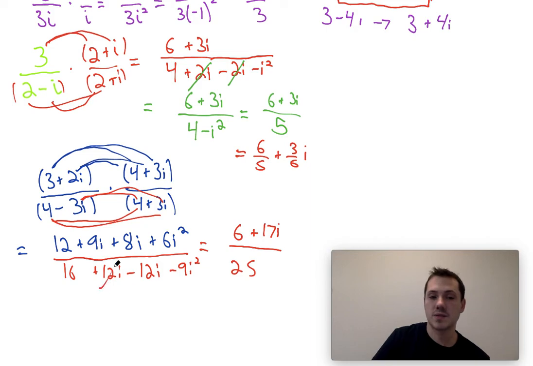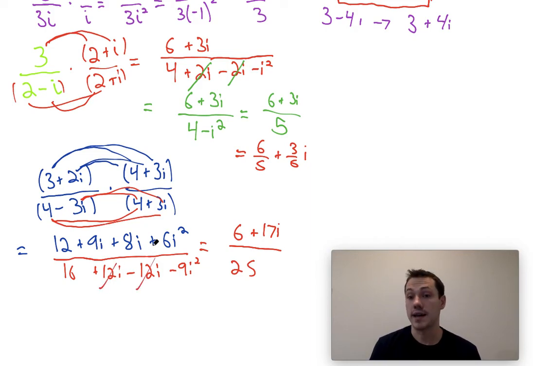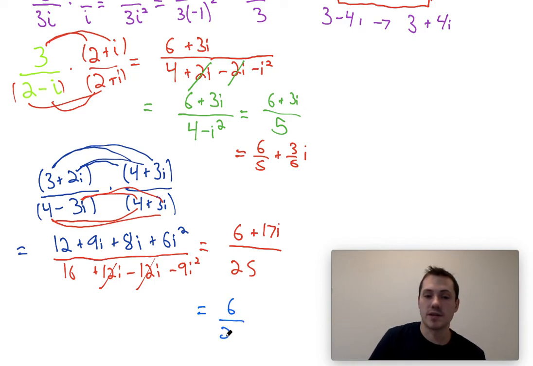And again, this plus 12i and this minus 12i are going to cancel out with each other. And so we end up with this final form. And if we want to put it in standard form, once again, we would just split it. We would turn this into 6 over 25 plus 17 over 25i.